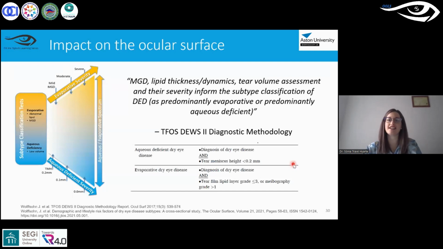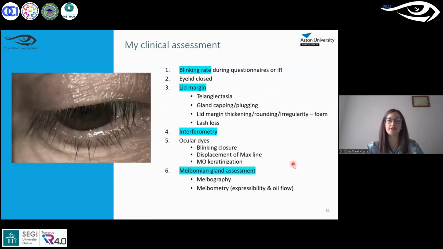And what they said is that we need to look not only at the tear volume assessment, but also at the lipids. Meibomian glands release the lipids, so we need to look into the lipid layer thickness, but also the output of those oils.